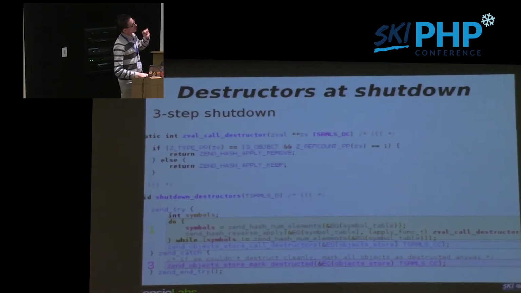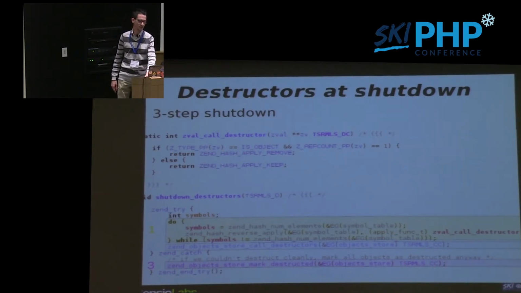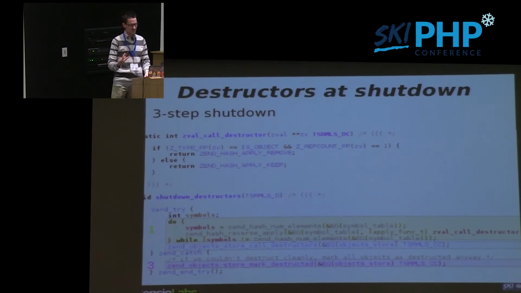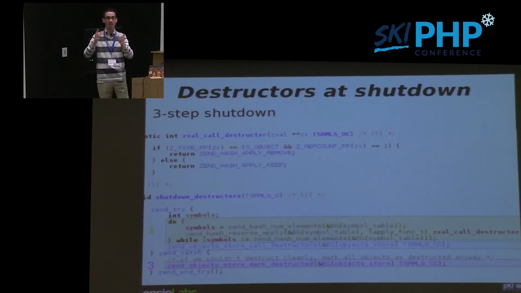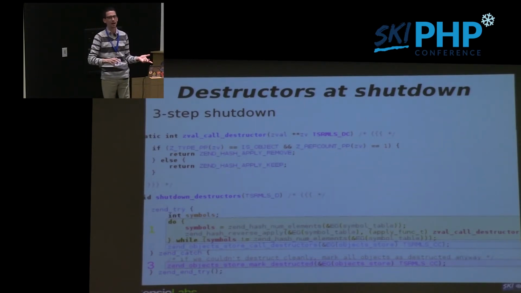Then hash reverse apply the zval call destructor, which checks it's an object and the ref count is 1, on the symbol table. Okay? The second step is then object store call destructors on this same store. So when the second step happens, there are no more objects with ref count 1; only solo objects, which were used at just one place, can leave now.